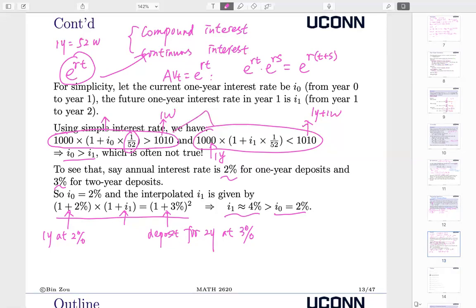If I prefer to receive 1,000 now over $1,010 in 1 week, I will keep the same choice, no matter whether it is from now to next week or from 1 year to 1 year plus 1 week, because according to this, it doesn't matter. The same holds for the compound interest rate, because you also have the same identity.